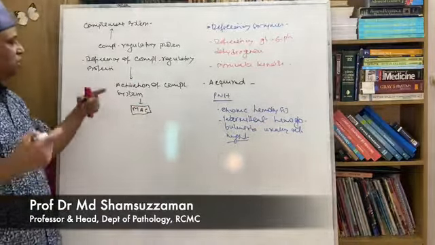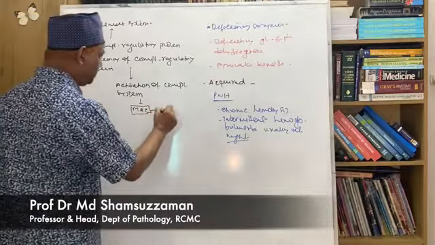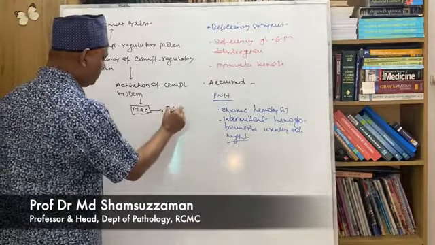Due to production of membrane attack complex, the RBC is affected and undergoes hemolysis.